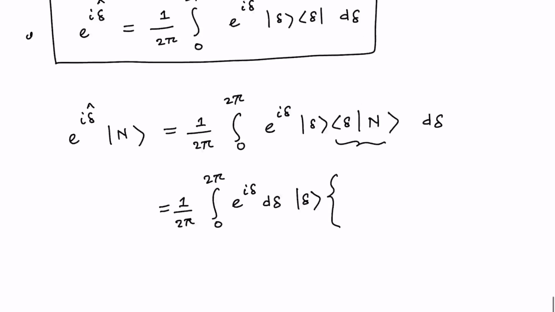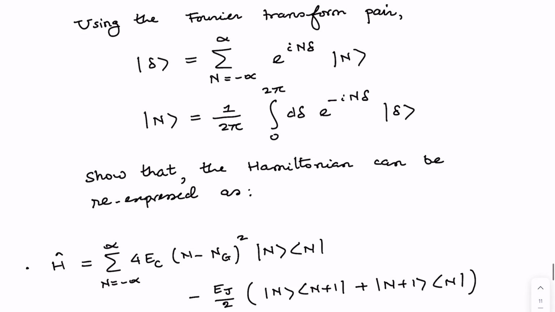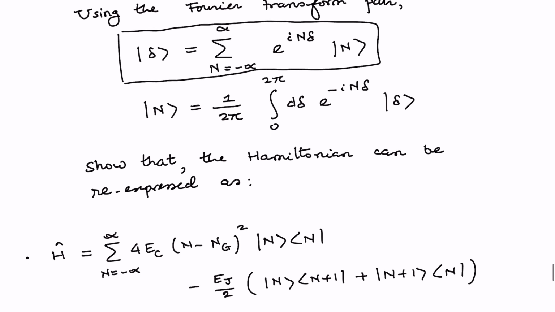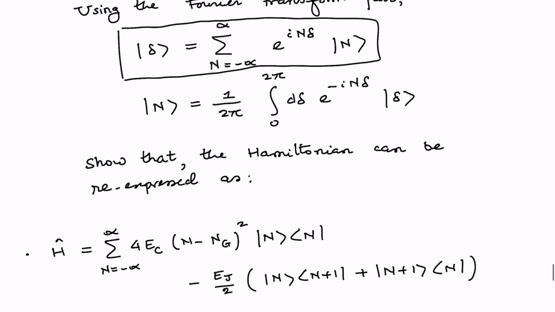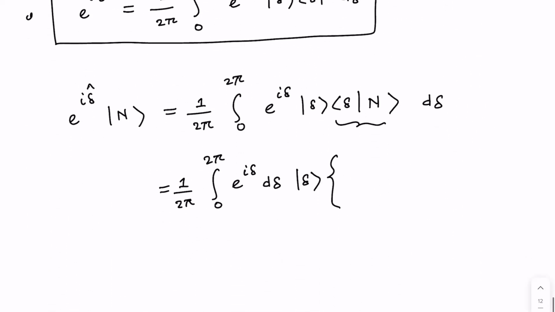Let me take this integration here, but this part let me write carefully. This I can write because it is given. This one I have from my problem, Fourier transform pair. Ket delta I can express in terms of ket n. Utilizing this, I have to take the bra of ket delta, right? So therefore I am going to get here summation, let me take m goes from minus infinity to plus infinity.